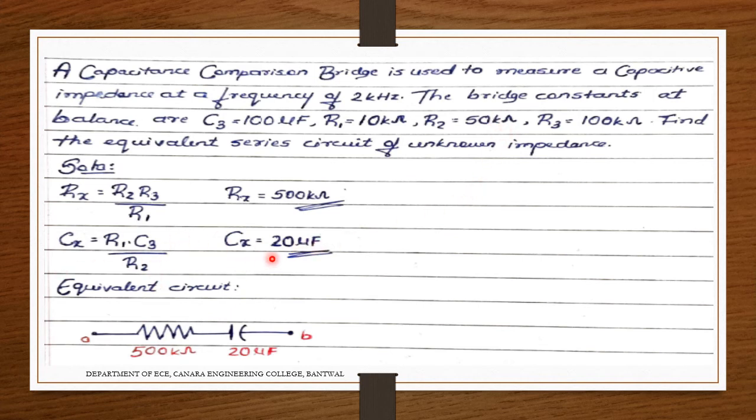You substitute and you get Cx equal to 20 microfarad. So they have mentioned the unknown impedance. How do we represent it? Draw a circuit of a 500 kilo ohm resistor and a 20 microfarad capacitor in series. Substitute and get it. This is the simplest of the formulas.